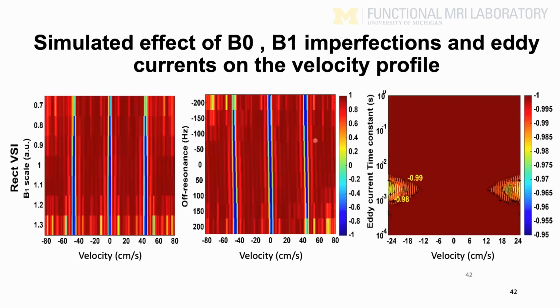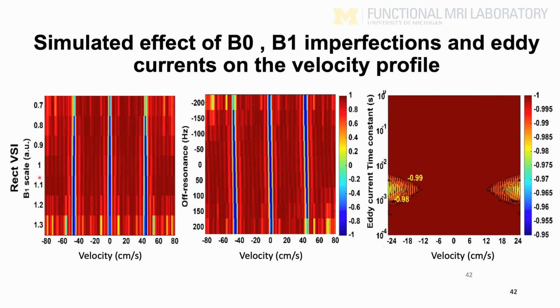Okay, so then we started simulating what different kinds of imperfections can do to these pulses. In this beautiful color map, we're looking at that velocity profile, but we're color coding it. Blue means inverted and red means uninverted and completely relaxed.